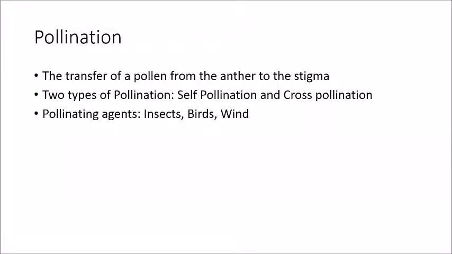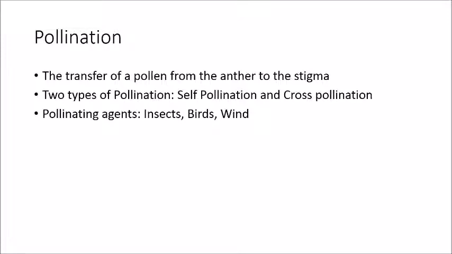Okay, so to recall what I said so far, pollination is the transfer of a pollen grain from the anther to the stigma of a flower. You have two types of pollination: self-pollination and cross-pollination.